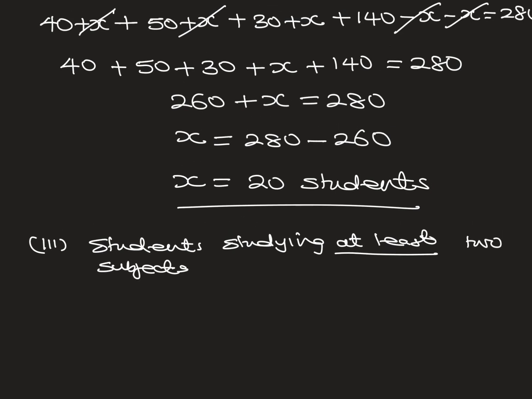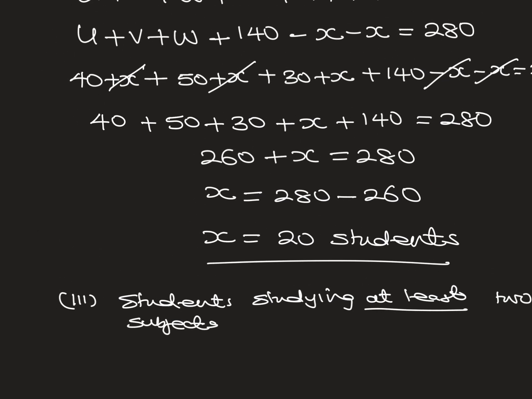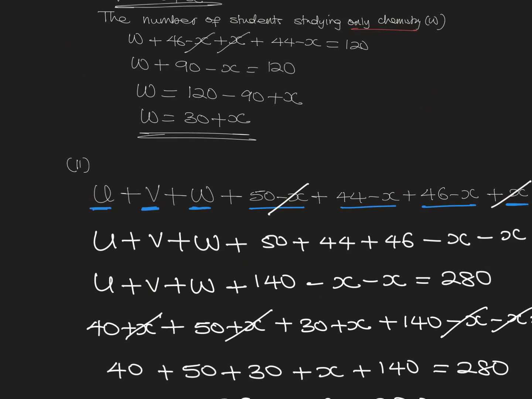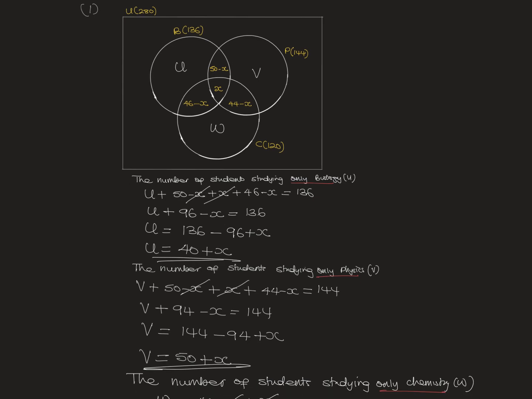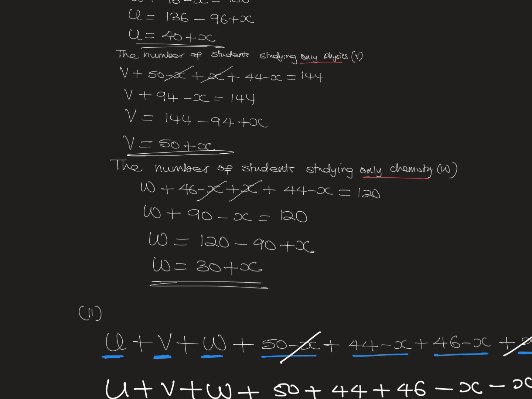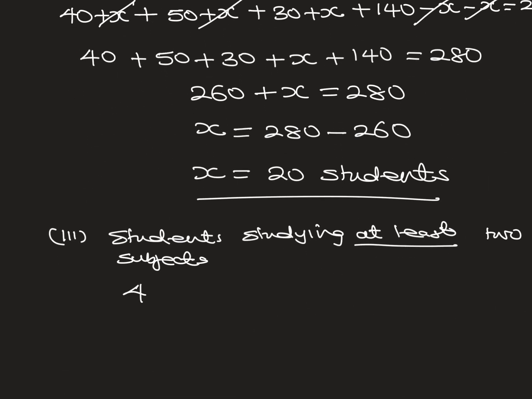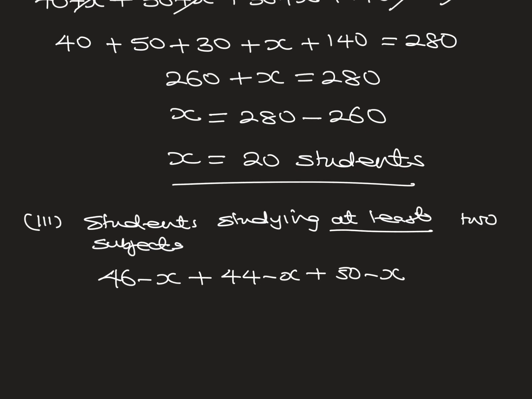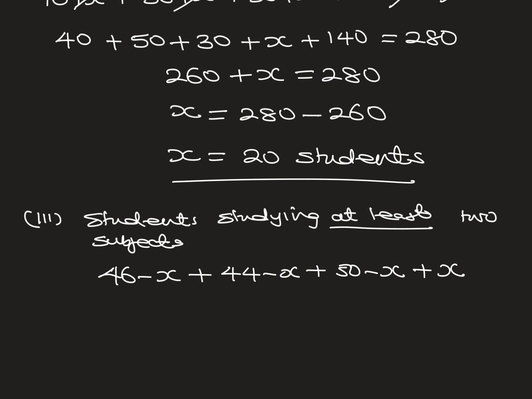We said that is going to be 46 minus x, 44 minus x, 50 minus x, and plus x. 46 minus x plus 44 minus x plus 50 minus x, and then plus x. Okay? So these were the 2 subjects, and these were those offering 3 subjects.